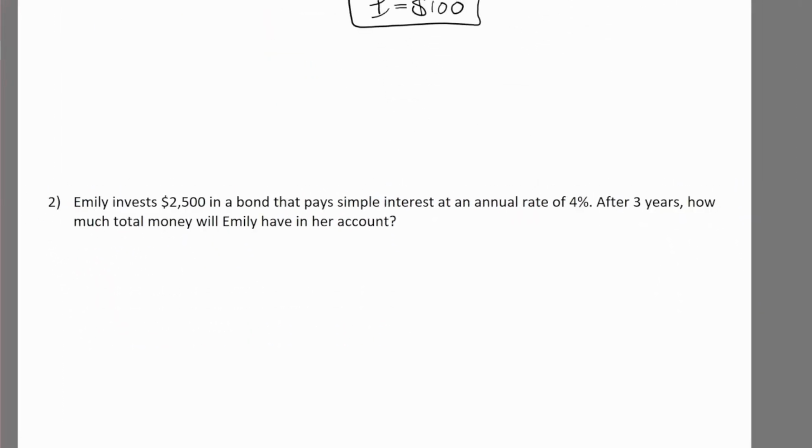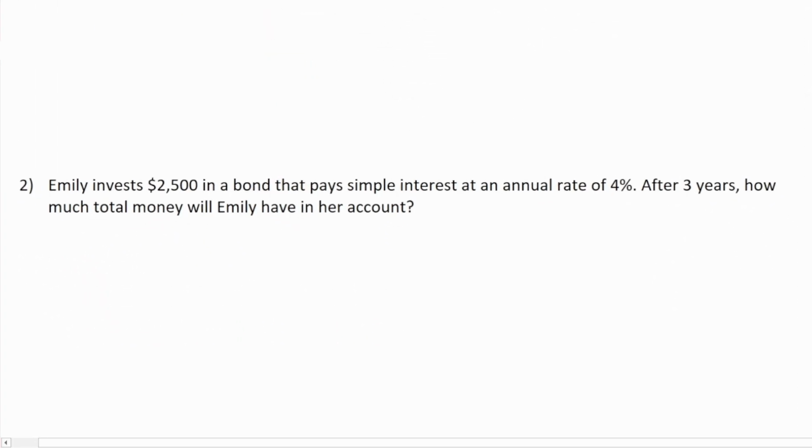Okay, let's take a look here. Emily invests $2,500 in a bond that pays simple interest at an annual rate of 4%. After 3 years, how much total money will Emily have in her account?